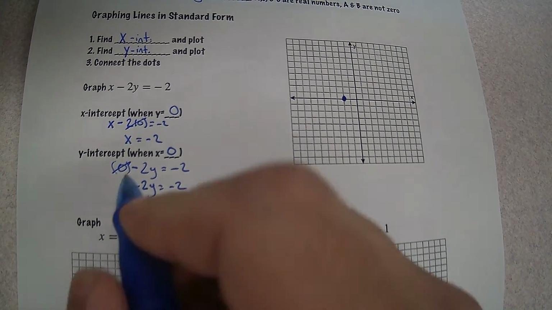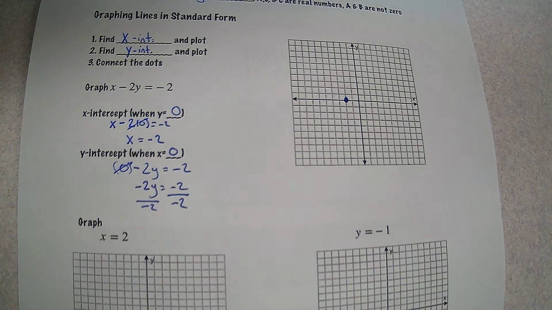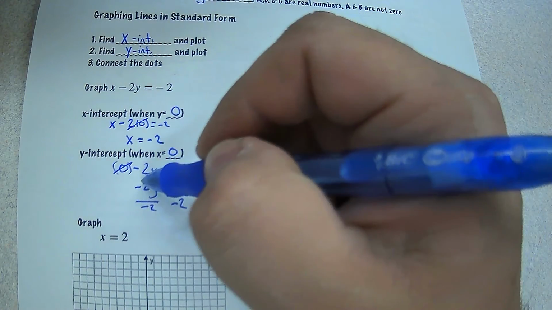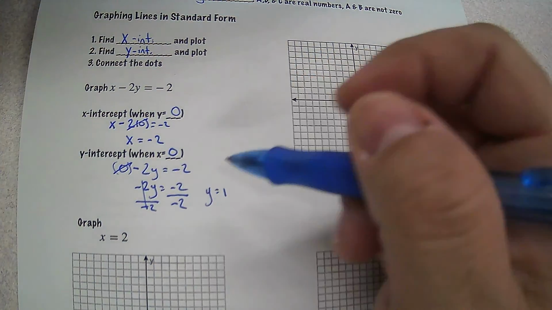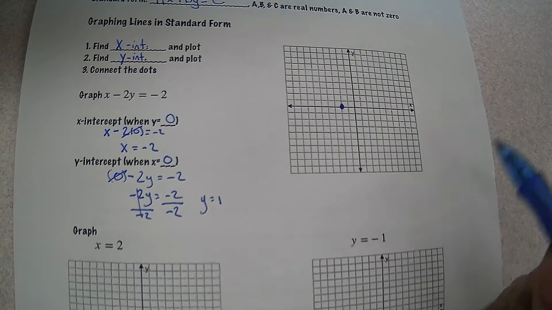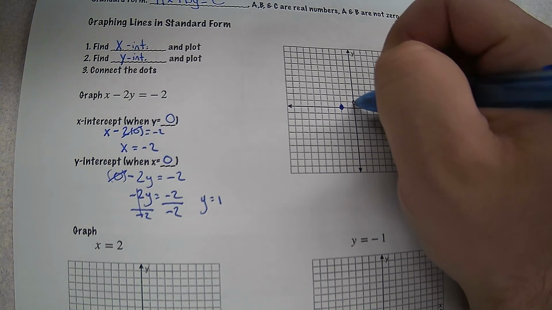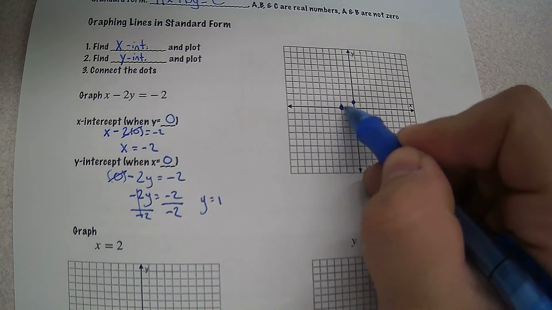We want to get y all by itself, so we divide both sides by -2. -2 divided by -2 is 1. So y equals 1 is our y-intercept. So y equals 1. We go right over here. And then that's enough to draw our line.